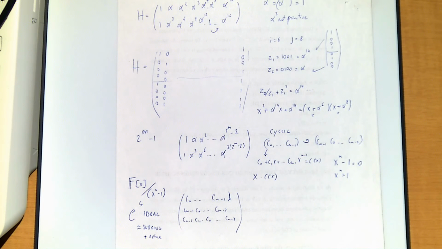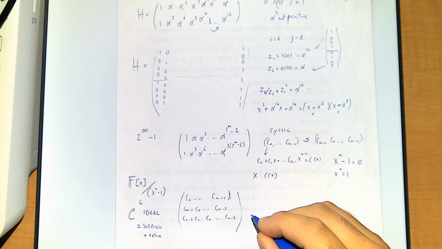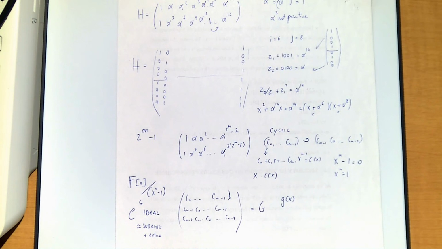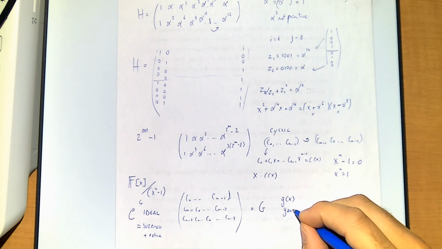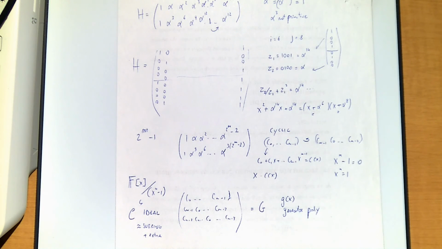And so basically you can identify these codes as particular types of sub-rings of this polynomial ring. And you see, you already have an idea of what the generator matrix should look like. In fact, we choose a particular polynomial g of x, which we call the generator polynomial, and that is what defines the code.